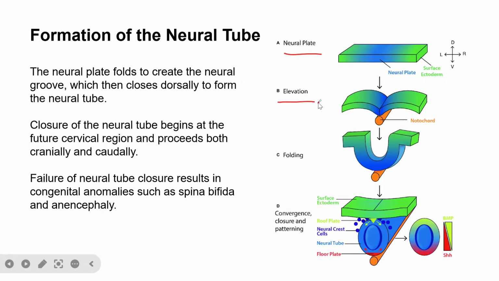The neural groove is first generated, which then closes dorsally to form the neural tube. So from the neural plate, it will generate the neural groove, and then it will close dorsally to produce the neural tube. The closure of the neural tube begins at the future cervical region.